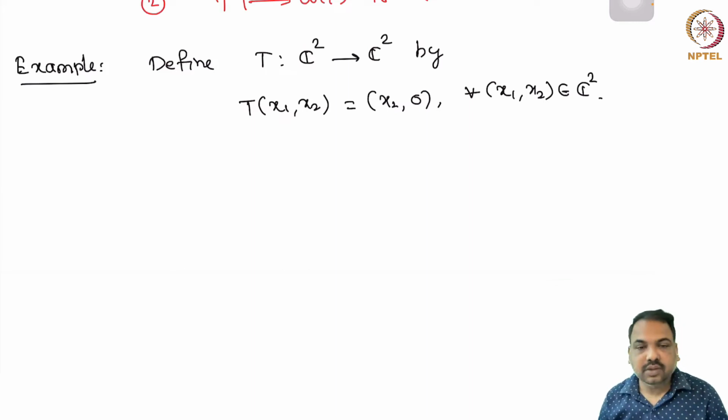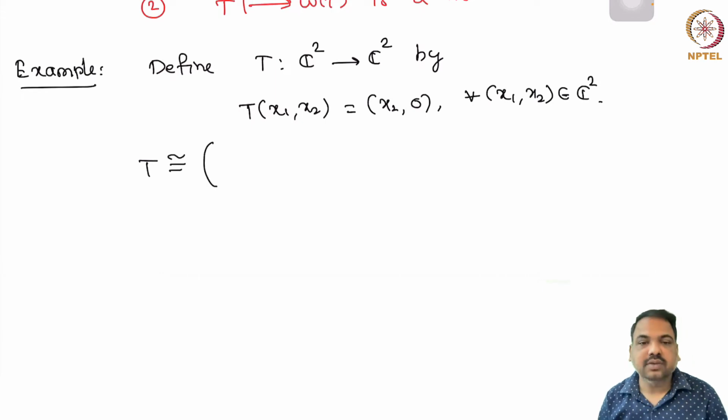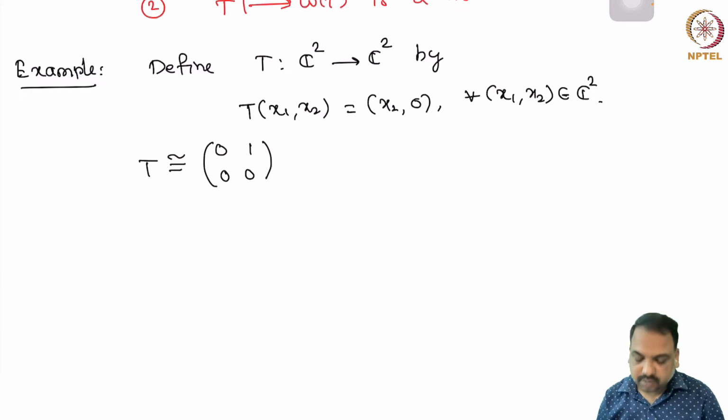So we can show that the matrix of T with respect to the standard orthonormal basis of C2 is given by [[0, 1], [0, 0]]. So this is a nilpotent matrix.